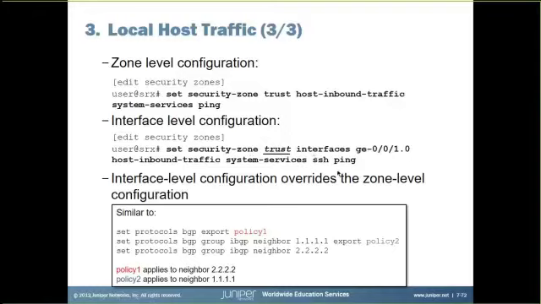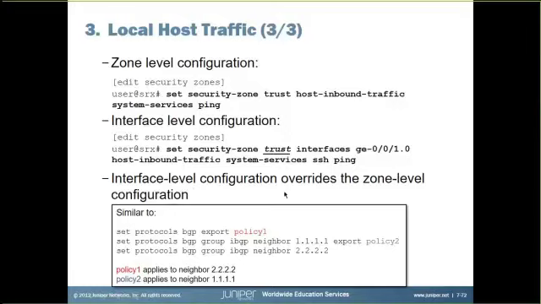So in this configuration, ge-0/0/1 will accept SSH and ping. Any other interface under the trust zone will only accept ping. The interface level configuration overrides the zone level configuration.